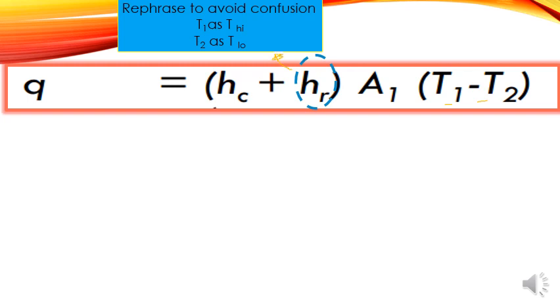So we just stick that T1 should be the highest temperature and T2 should be the lower temperature in order to determine the HR.